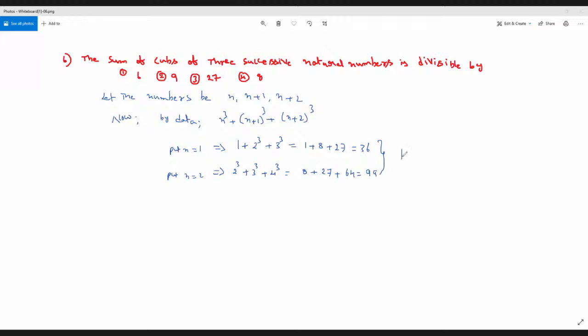But at n equal to 1, first and second both satisfied. If n equal to 2, we get result is 99. These two results are divisible by 9 only. So clearly it is second option. Please note down.